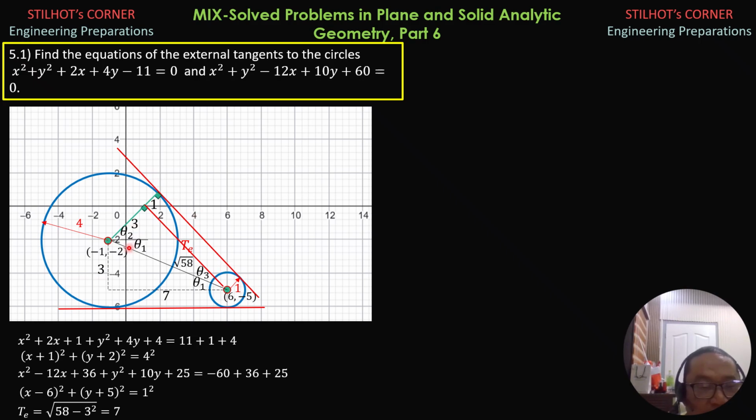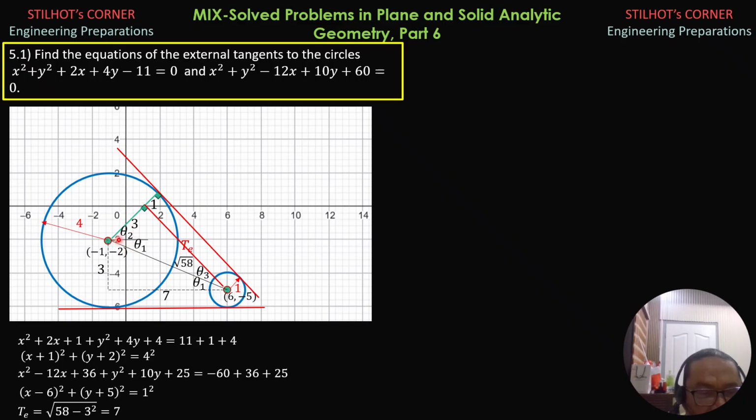So once we know the angle theta 2, tangent of that, that's the slope of this radius perpendicular to that tangent segment, then we can find the slope of this tangent line, which is the negative reciprocal of this.